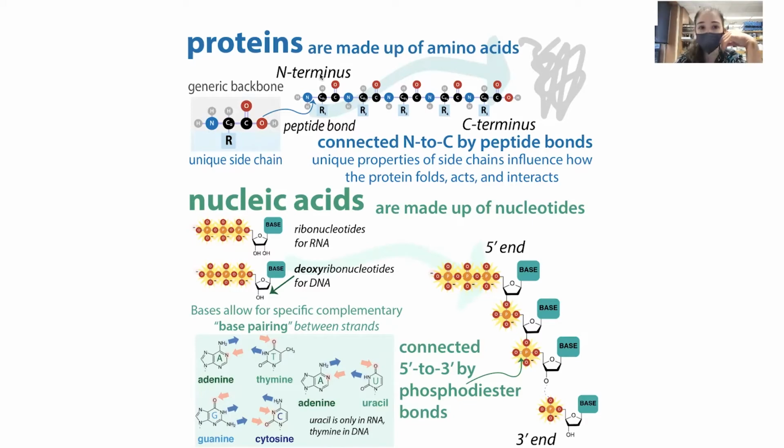With a protein, our monomers would be amino acids, which have this generic backbone with an amino group and a carboxyl group that link up through peptide bonds, and then these unique side chains that stick out. With nucleic acids, which include DNA and RNA, our monomers are going to be nucleotides, and they have generic and unique parts as well.